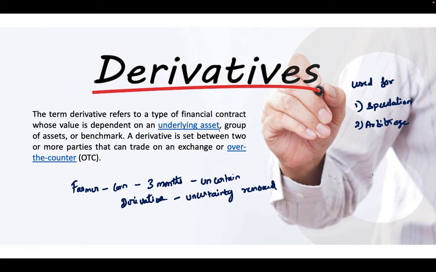He or she makes a riskless profit by buying the asset in the market with a lower price while simultaneously selling it in the market with a higher price. They are called arbitrageurs. So financial derivatives are used for arbitrage.